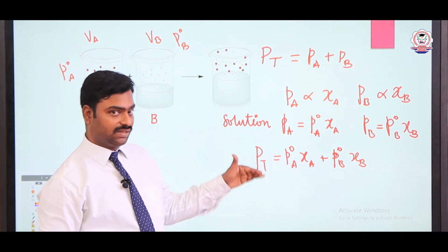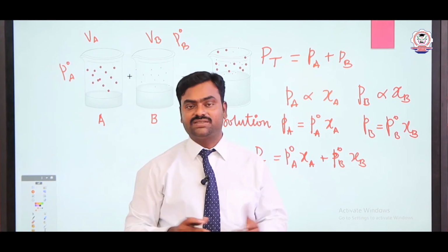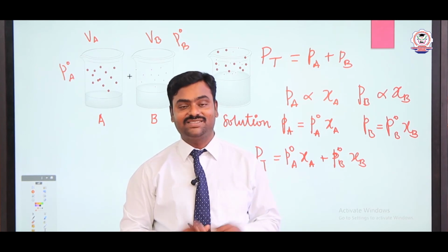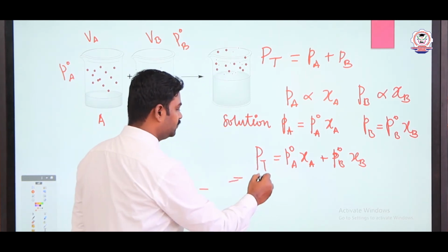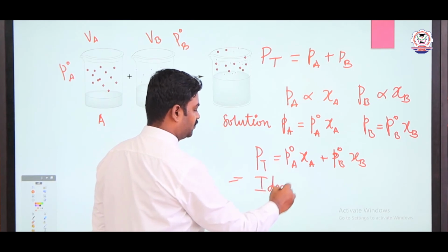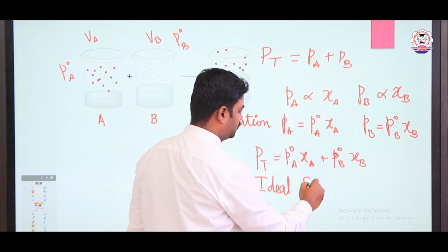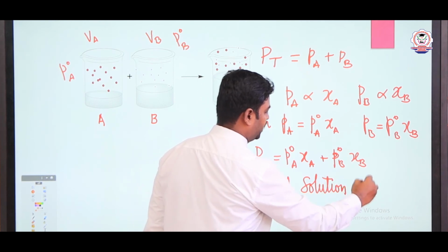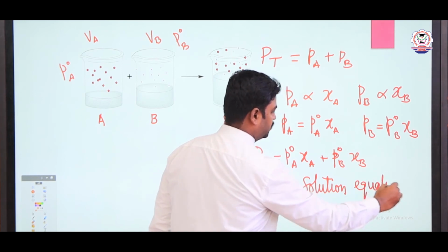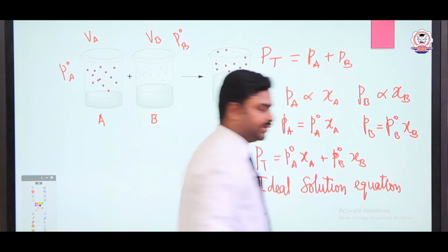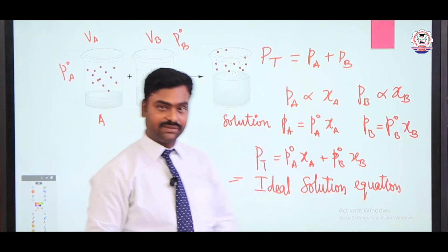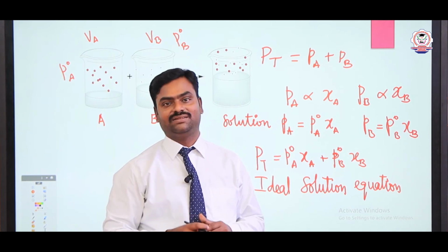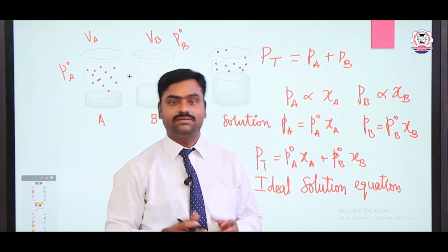Using this equation we can identify whether a solution is ideal or not, so it is called the ideal solution equation. If a solution obeys this equation, then we call it an ideal solution. If it doesn't obey, then it must be called a non-ideal solution.